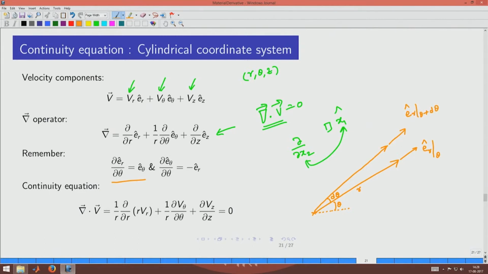If you translate this to meet the origin here, you would see that that vector will be at an angle to the first one. If you were to look at the difference between the two, which means E cap r at theta plus d theta minus E cap r at theta, and of course take the limit, this difference is in the direction of, you could see, E cap theta.